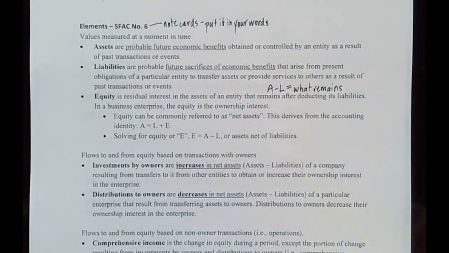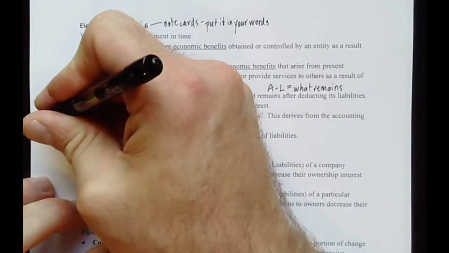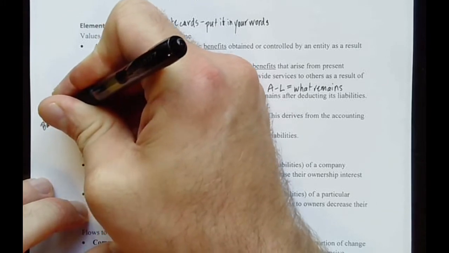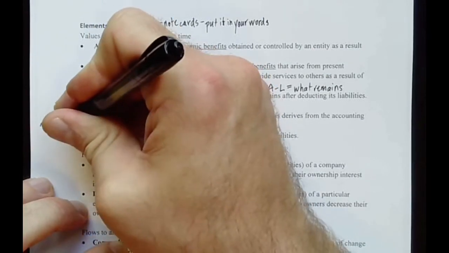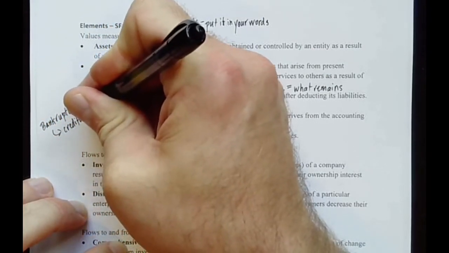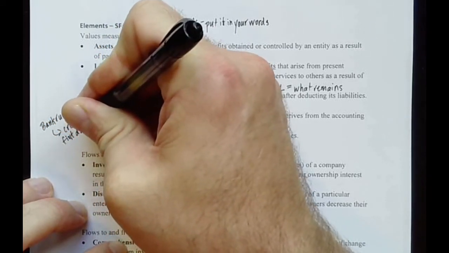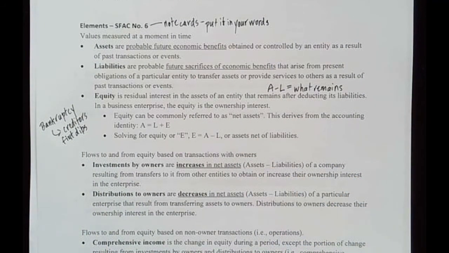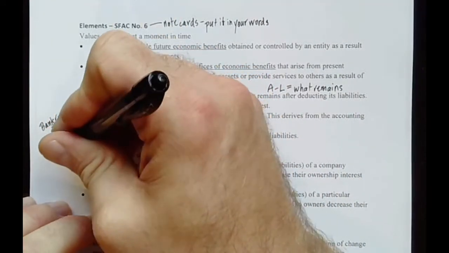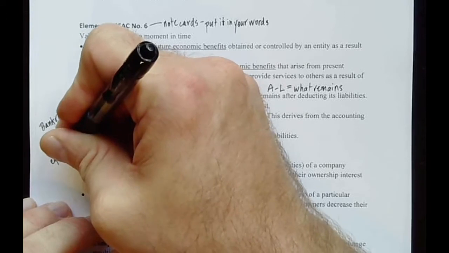Why is it that that's the ownership interest? If a company is to go bankrupt in a bankruptcy proceeding, once bankruptcy is declared, who gets served first between creditors and investors? First, creditors take everything from the company. So they get first dibs on any of the resources of the company. Any of the bonds that a company owes have to be paid off prior to any of the owners, the shareholders of the company, getting any money. And then what's left over, the equity holders receive any remaining assets.